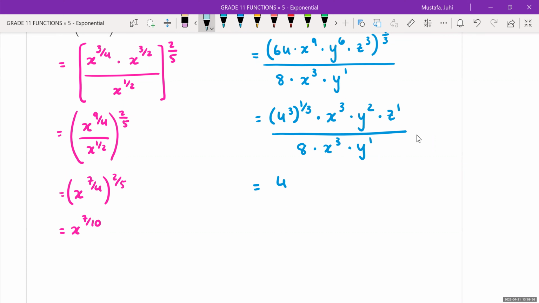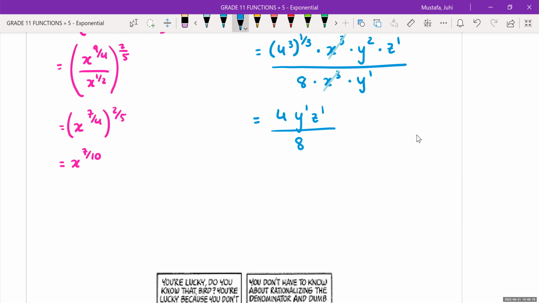Those are just going to cancel out, because when you have the same thing at the top and the bottom, you can go ahead and cancel it out. y squared over y to the 1 is going to give me just a y to the 1, and this is going to remain z to the 1, and we're just going to have an 8 at the bottom. And then finally, we can deal with the fraction. So 4 over 8 is just a half. Our final answer is going to be yz over 2.